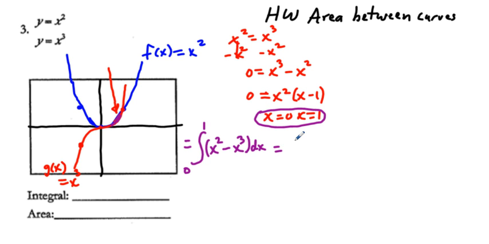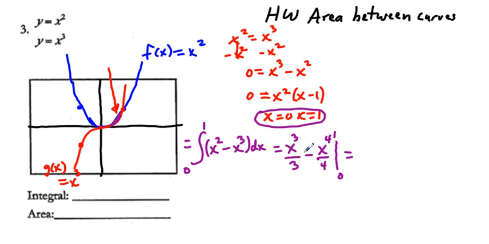And so working out the integrating, we're going to have x to the third power, we raise that second power to 3 and divide by 3, minus x to the fourth divided by 4. And here we're going to go between 0 and 1.